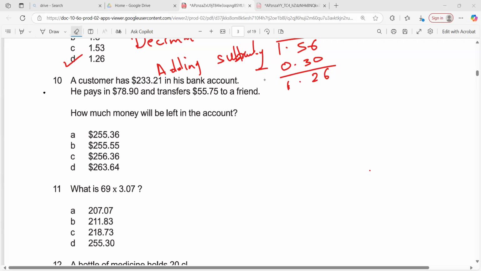Okay, so number 10: a customer has $233.21 in his bank account. He pays in, so in is adding, $78.90 and transfers $55.75 to a friend. How much money will be left in the account? You're going to add $233.21 to $78.90.